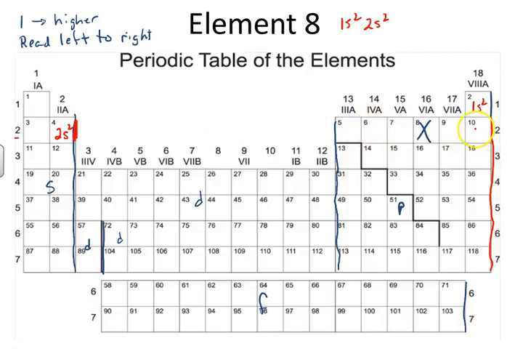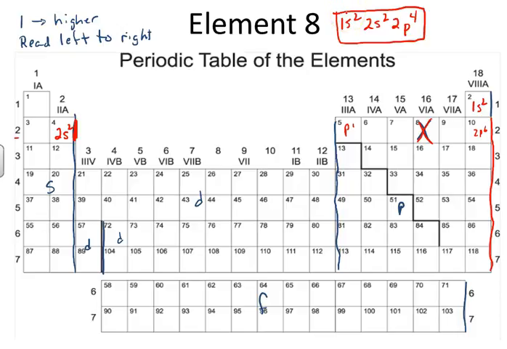If I go all the way to here, I would end in p6. But that's not where I actually need to end up. I need to end up here. So I'm going to end somewhere between p1 and p6. I'm on the second period in the P block, and I'm the 4th element over, p4. So the electron configuration for this element is going to be 1s2, 2s2, 2p4.